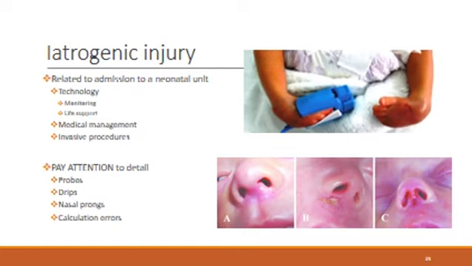When a baby has suffered an iatrogenic injury, remember to clearly note the incident, and please counsel the parents adequately and ensure that they understand what has happened and what remedial action will be taken.